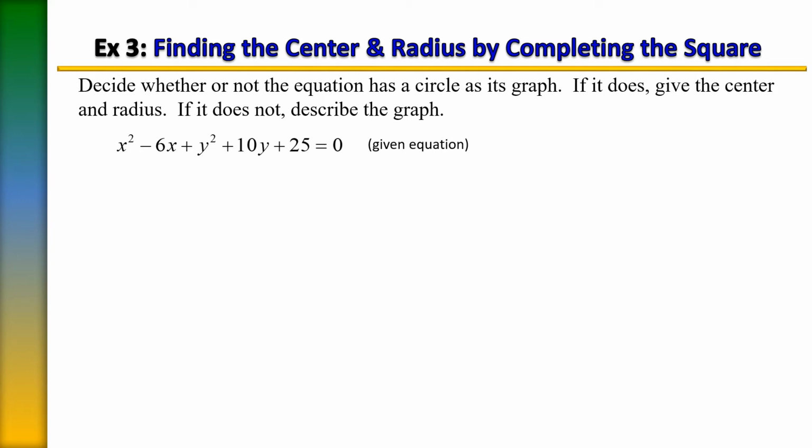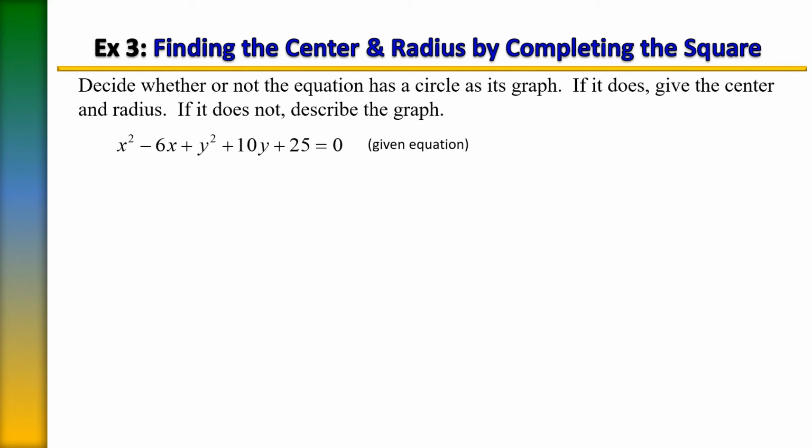So what we need to do in order to get it into the equation of a circle form is to gather our like terms. In other words, group your x's together, then group your y's together so that you can complete the square for each of them.